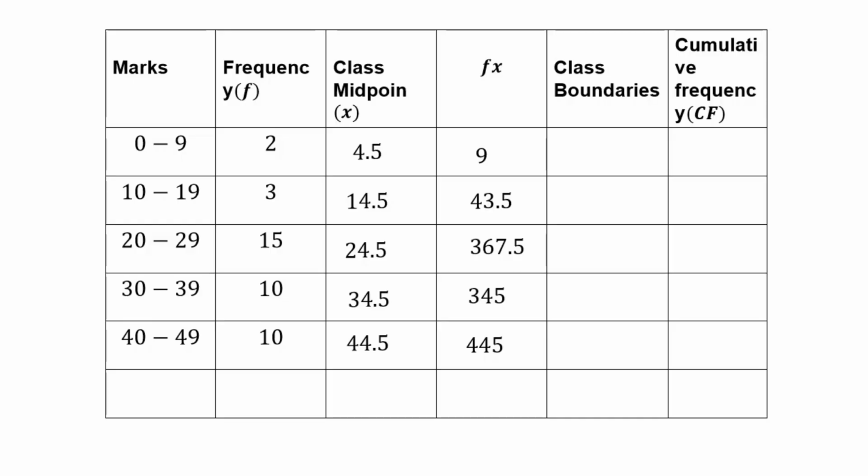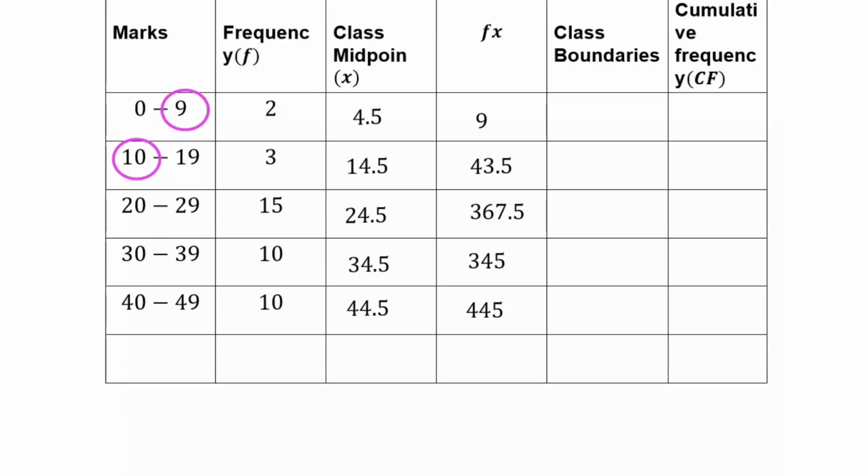As I said before, you need to find the difference between the upper limit of one class and the lower limit of the next class. That is 0.5. It doesn't mean you always get 0.5; depending on the numbers given, you might at times get more or less than that, so take note.